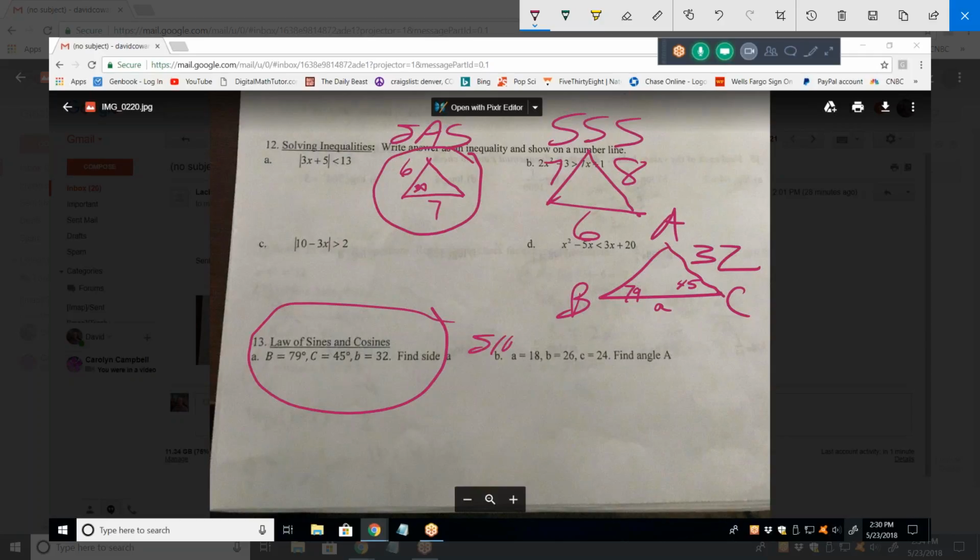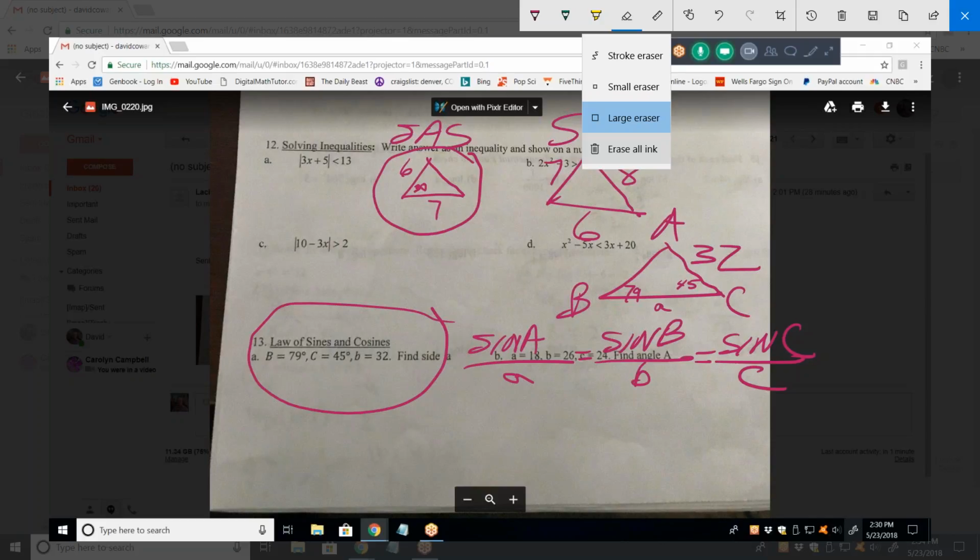The sine of the angle over the opposite side is the constant. Yep. So that's equal to the sine of b over b, and it's also equal to the sine of c over c. In other words, once we come up with this relationship, we can apply it to every single angle and side. Well, we've got one here.